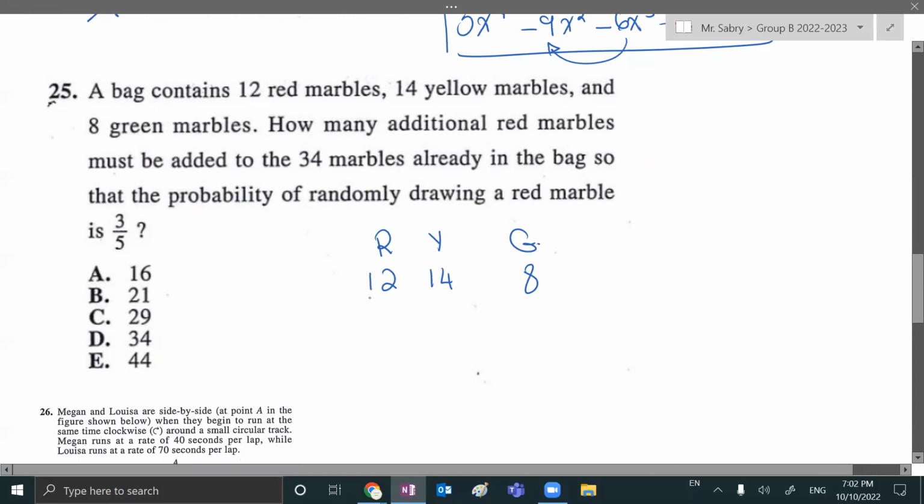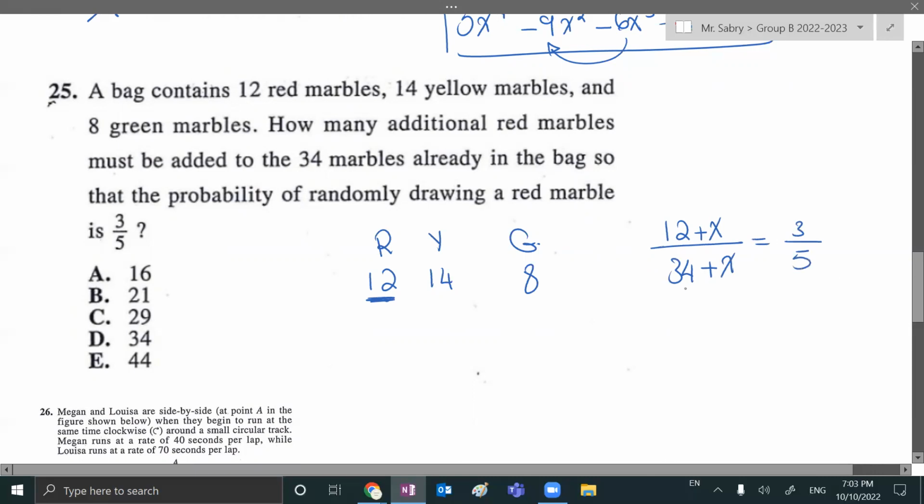I need to add a specific number of red balls. So I'll add to the red, which is the 12, a number that I don't know, so that the probability of selecting red, which is red over the total, which is 34 plus the same amount x, would equal 3/5.